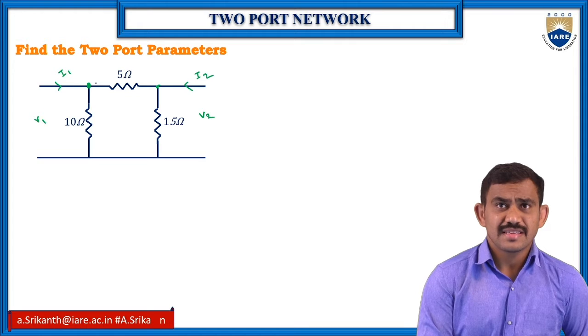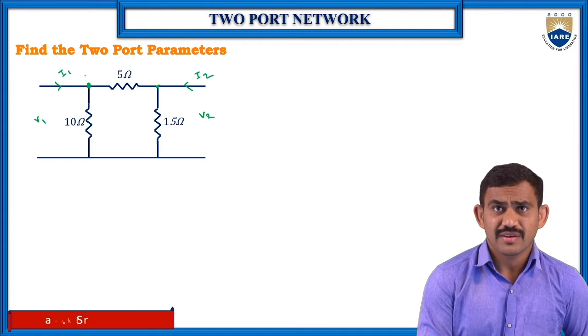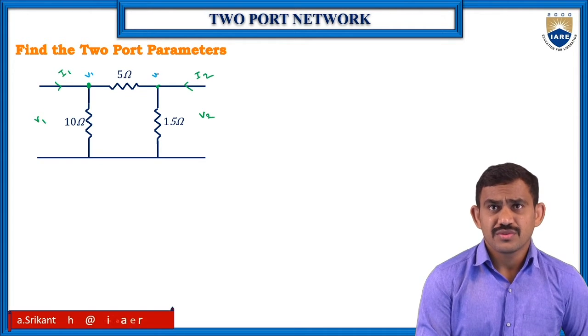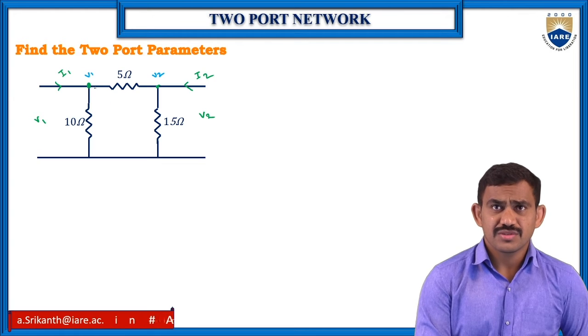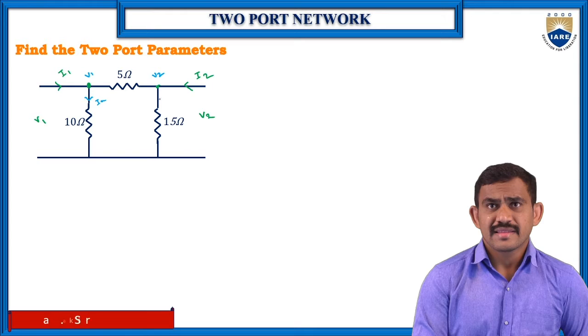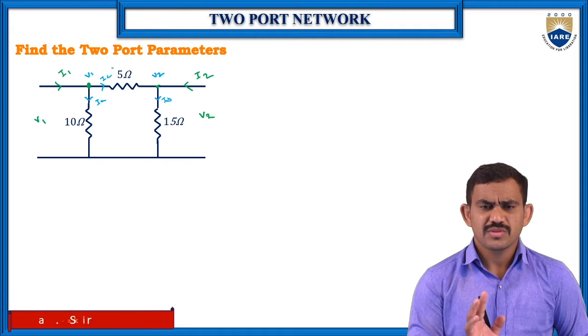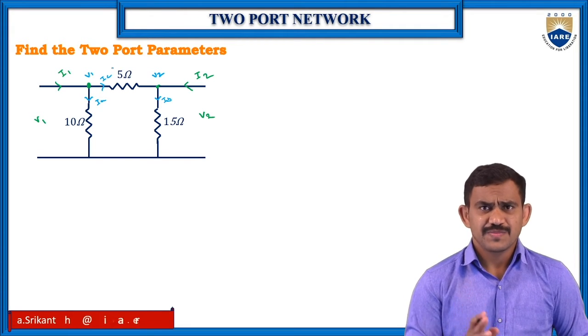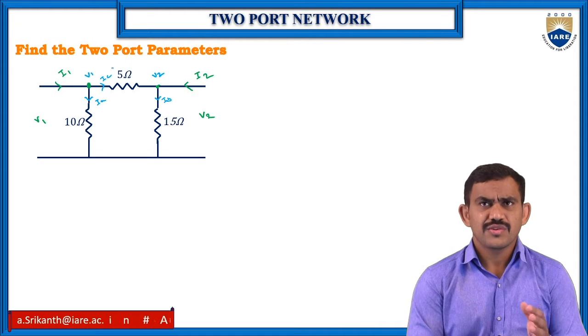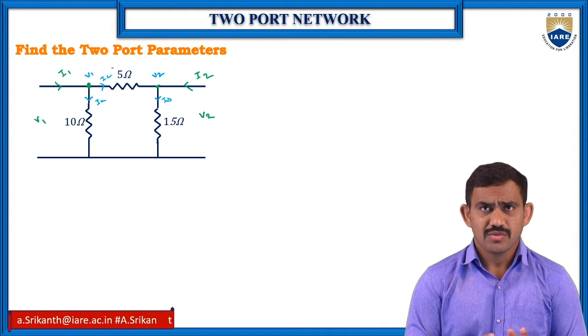Here I1 is at this node, where we have V1 and V2. For this node, suppose this is my IA, this is my IB, and this is my IC. You can give any names and any direction, no problem.